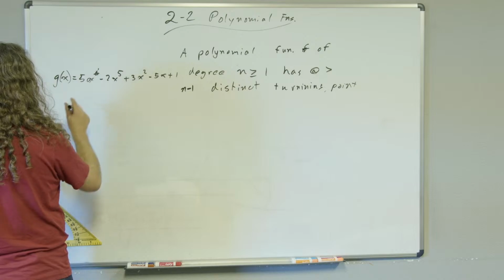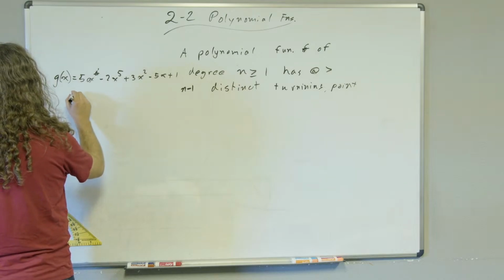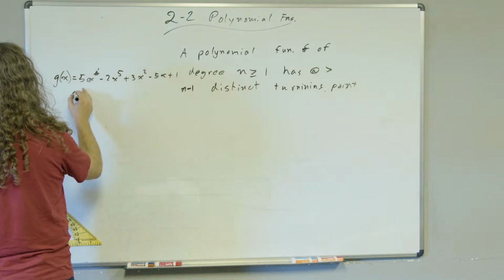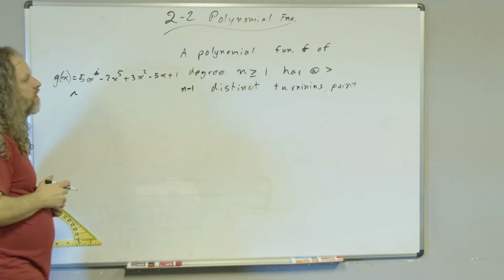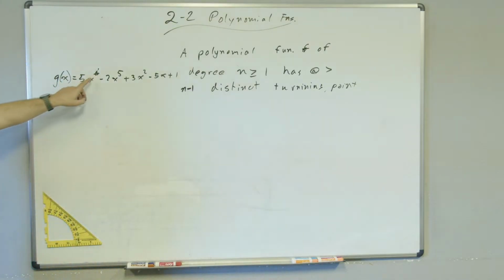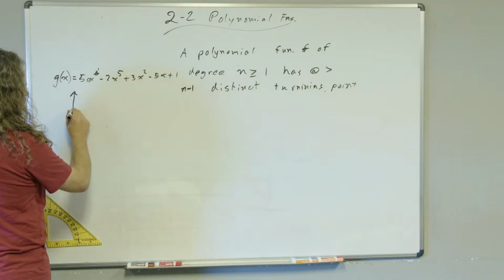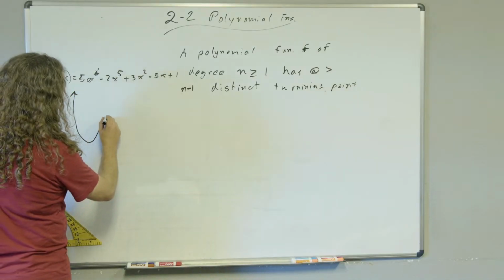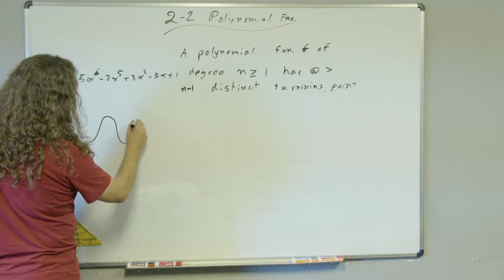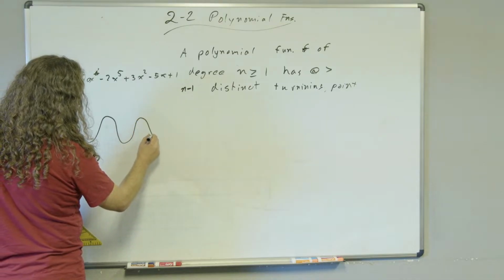Now, it's going to have not at least, but at most 5 turning points, because 6 minus 1 is 5. So if it's got all of its puzzle pieces, it could look something like 1, 2, 3, 4, 5.